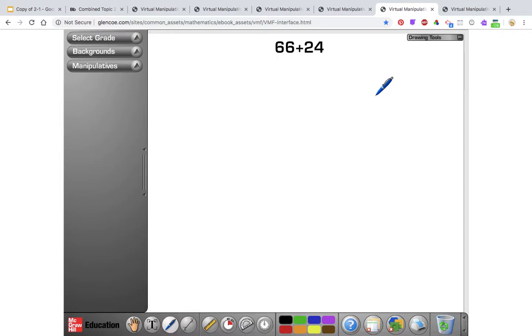Now, one of the strategies that really stands out to me in this one is making a 10. And this one works out really well with the ones in both of these numbers that I can easily borrow from one or the other and make a group of 10.